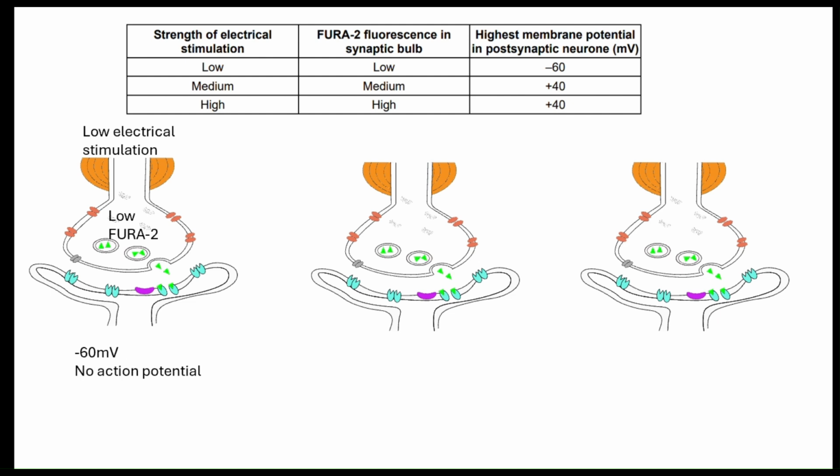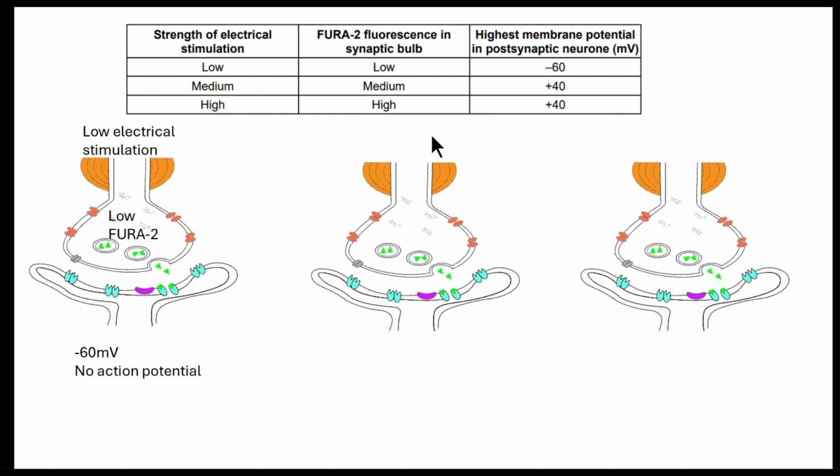Because I know that's minus 60 millivolts, that tells me that the depolarization of that postsynaptic membrane has not reached the threshold value. Therefore, there is no action potential in the postsynaptic membrane. So that's the first thing that we note from the table of results.